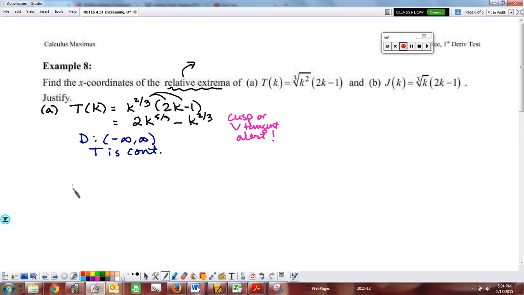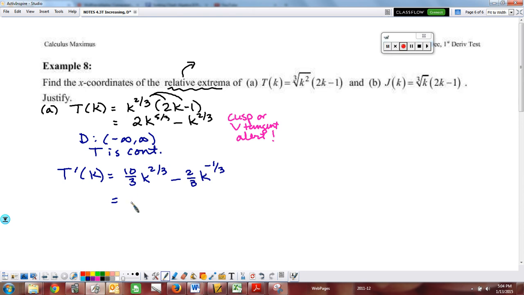All right, so now we're going to take our derivative, t prime of k, and use that to find our critical values using the easier version, using the power rule. So we end up with 10/3 k to the 2/3 minus 2/3 k to the negative 1/3. Because I know I'm finding critical values, I am going to factor this, put it in a nicer form.